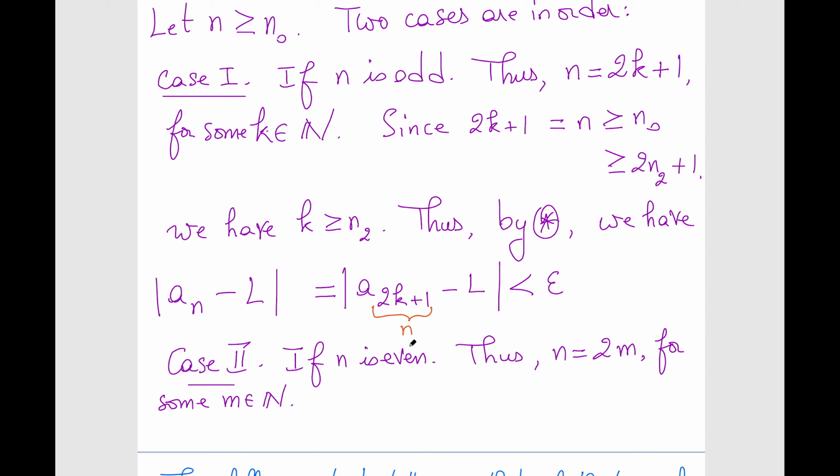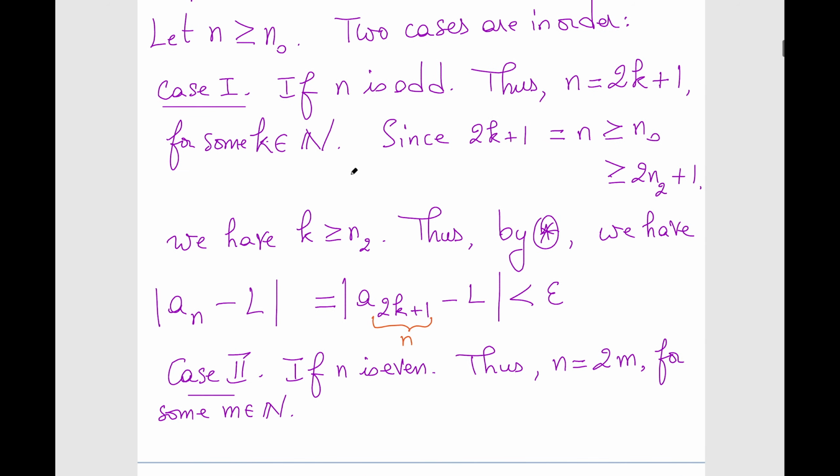So n being even means that n is twice m, where m is an integer. In this case, a natural number, because n itself is a natural number. Yes? All right, and we're gonna play a very similar game. So I'm gonna leave the rest as an exercise. I'm gonna just say it instead of writing it.